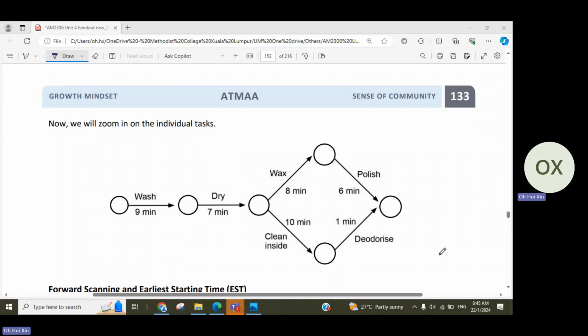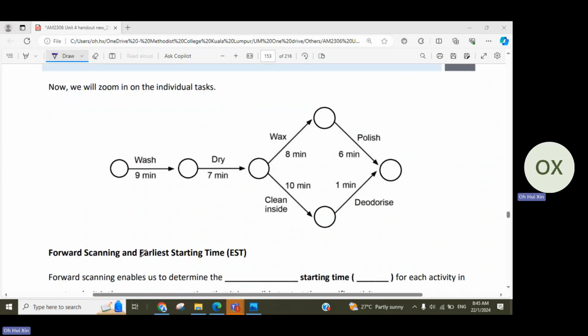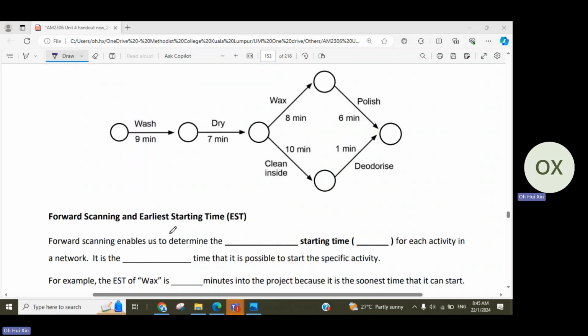All right, for this part, we are going to look at individual tasks now, which is the second learning outcome, where we talk about forward scanning and also backward scanning, and what is meant by EST and LST. So first thing, we'll start off with EST first, because EST is actually quite easy. It's basically whatever you have done just now.